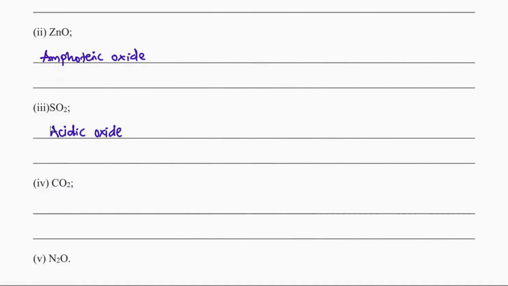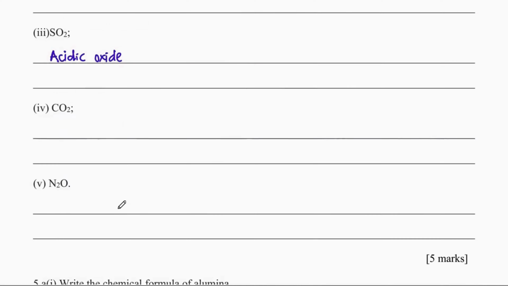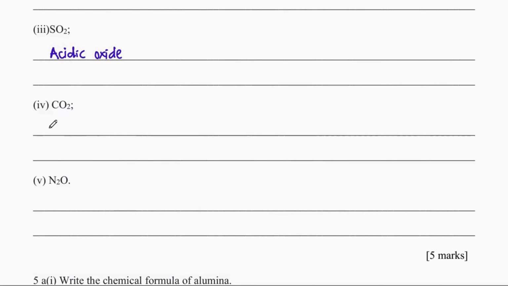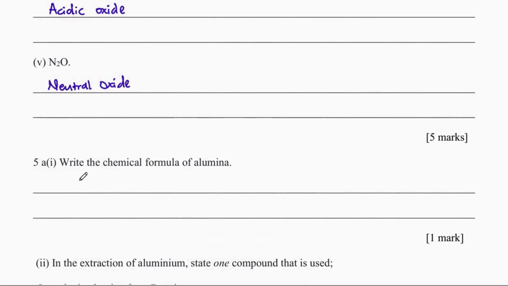And then we have carbon 2 oxide, which is also acidic. And then we have a neutral oxide here. Okay, the nitrogen oxide.